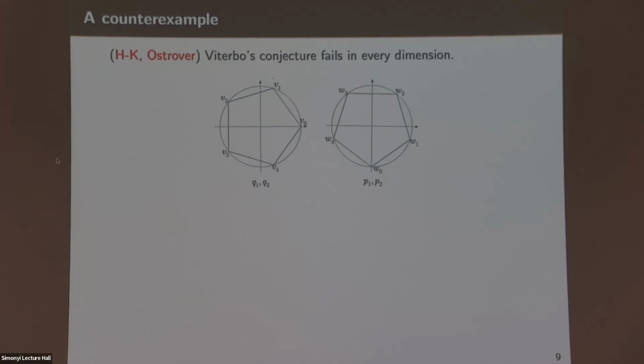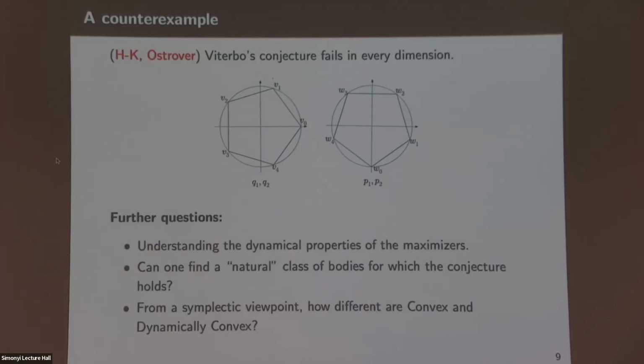And somehow, instead of answering questions and resolving the conjecture, it feels that it gives us a lot more questions. We had a very natural dynamical property suggested for the maximizer of the capacity, and it dissolved, and now we don't even have a guess what the dynamical properties of the maximum of the capacity should be.